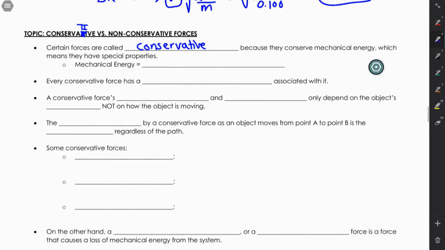And so remember mechanical energy. We define that as the sum of all the potential and kinetic energy. So it's simply kinetic plus potential.